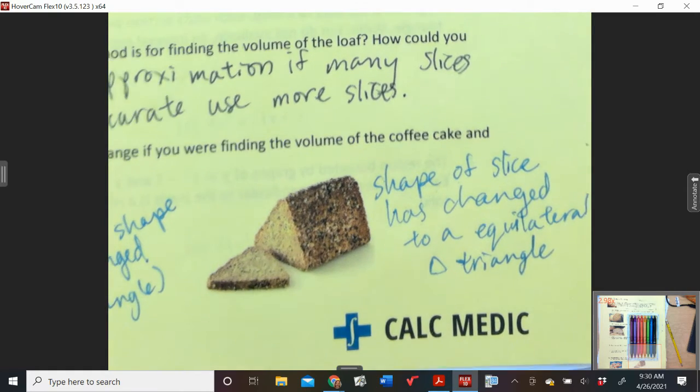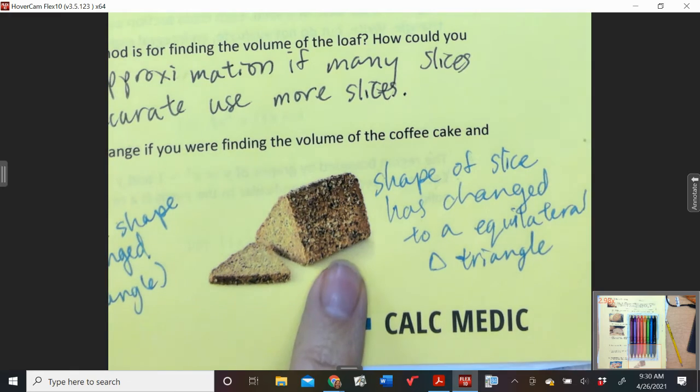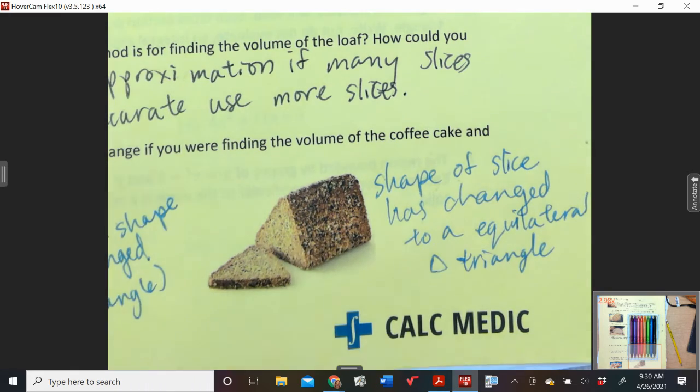So the shape of our slice over here has changed to an equilateral triangle, and what would change is the area of the slice we're using.